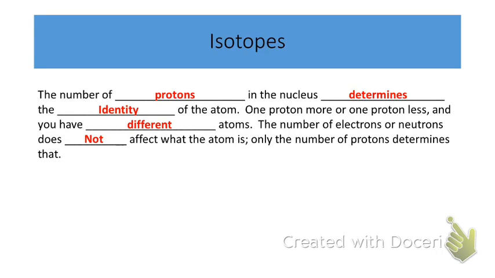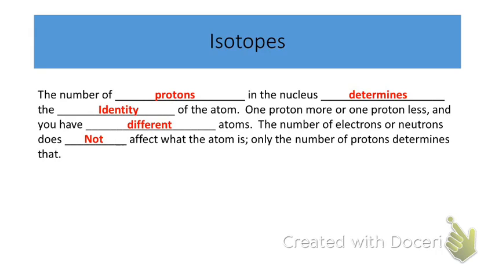Alright, so in general this is an important statement. The number of protons in the nucleus of an atom determines the identity of the atom. One proton more or one proton less, and you have a completely different atom.